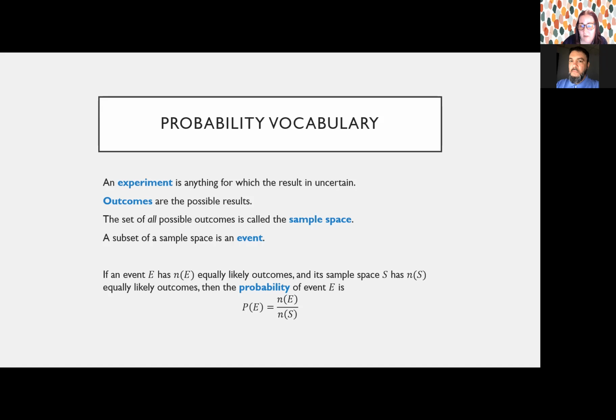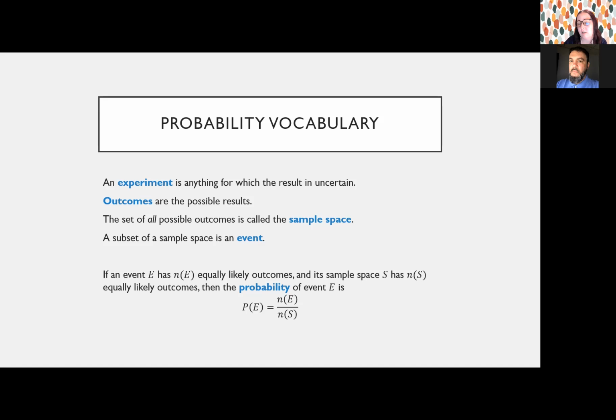And if we have an event E that has N of E equally likely outcomes, N standing for the number of outcomes, and its sample space S has N of S equally likely outcomes, the number of possible outcomes in the sample space, then the probability of event E, and we use P to represent probability, is N of E over N of S. Essentially, you're just taking the number of ways the event can occur divided by the total possibilities in that sample space, and that's your probability.